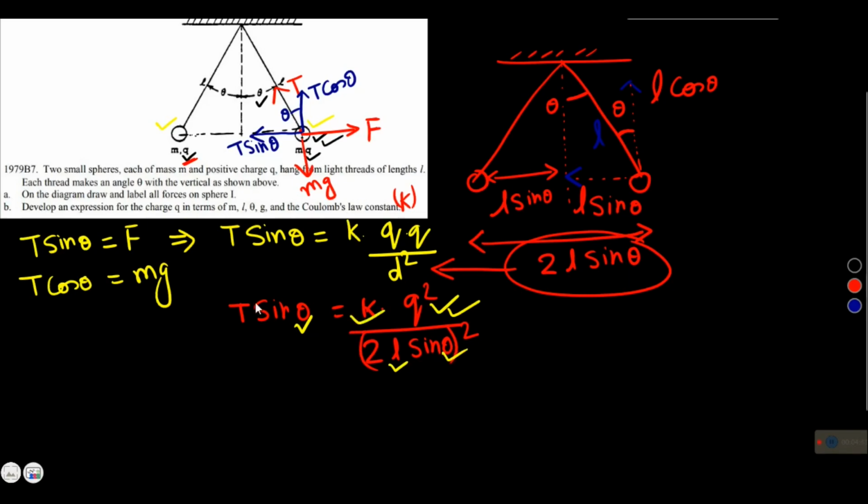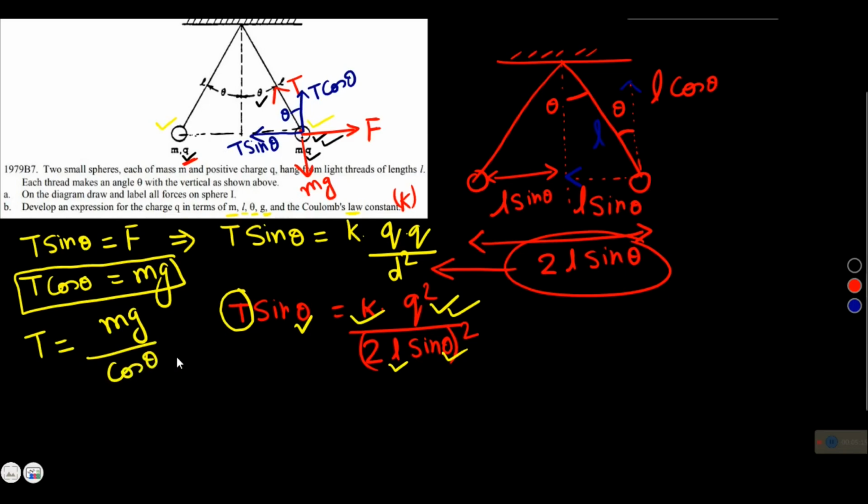We have to eliminate only this T. Our answer should never be in terms of T. According to the question statement, it should be in terms of m, L, theta, g and Coulomb's constant k. To replace the T, we have the other equation: from here we can write T is equal to mg upon cos theta. So we have to substitute the value of this T in this expression.